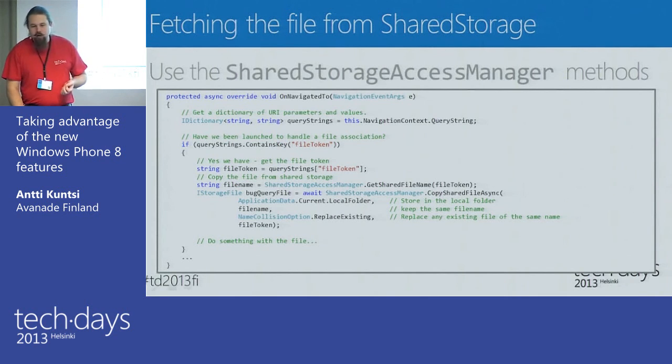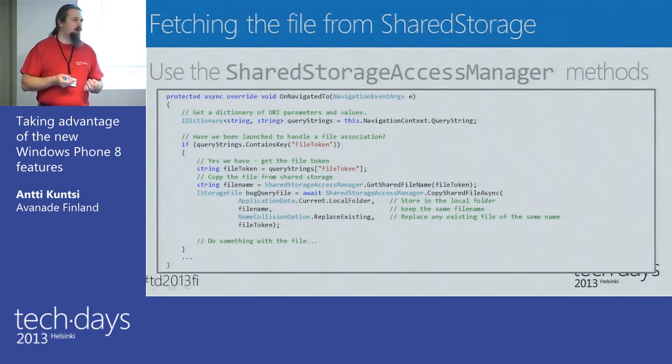In your application, the URI mapper mapped it, so you know that you're dealing with a proper file. It has navigated you onto a page that is capable of dealing with that specific kind of file. So in that OnNavigatedTo event handler, it's time to retrieve the actual file. You can do it by checking the query string.